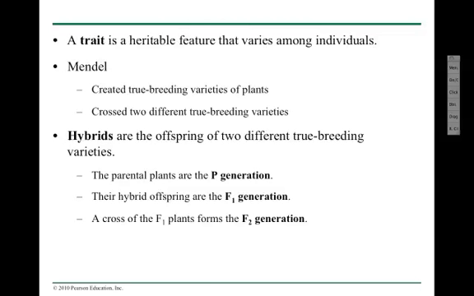Now Mendel, what he did is, the term true breeding means purebred. It's the same thing as a purebred dog. I had a Bichon. She just recently died, and she was a purebred dog.